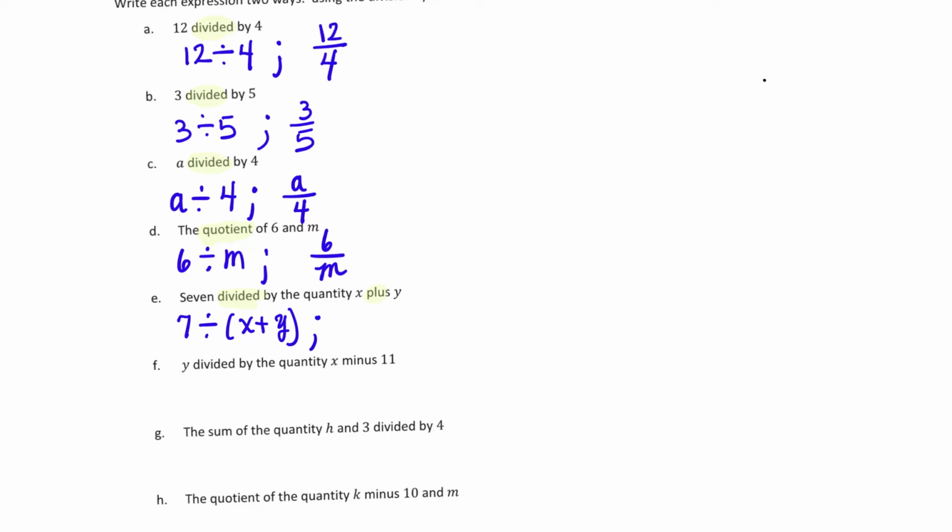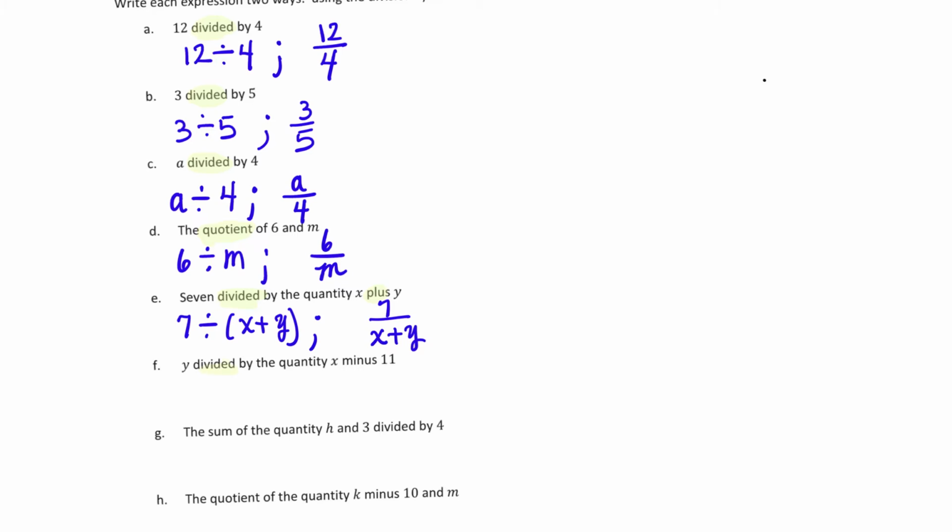That's one way. Using a fraction, 7 divided by the quantity of x plus y. That can be a little more complicated, but if you take it one part at a time, it makes more sense. The next one says y divided by the quantity x minus 7.